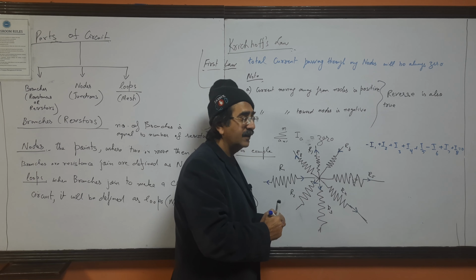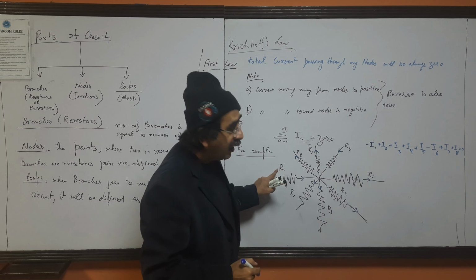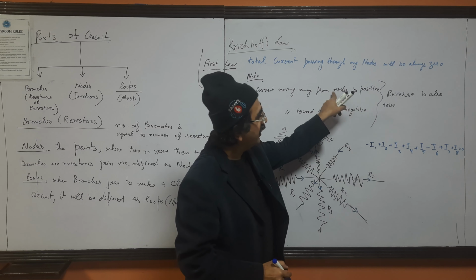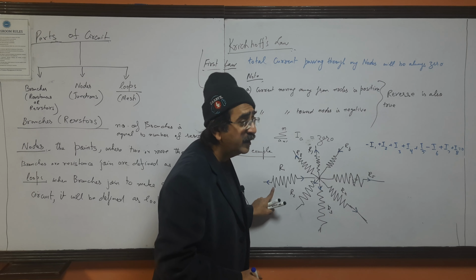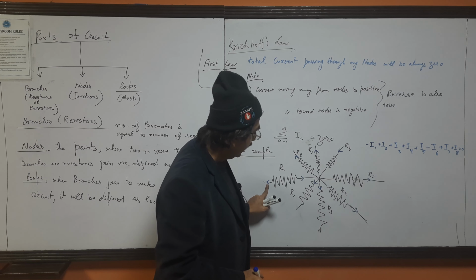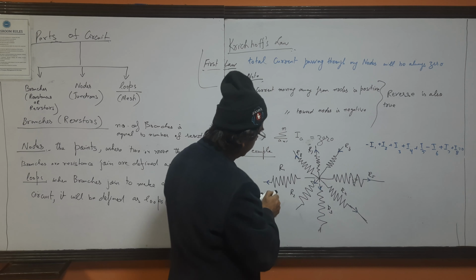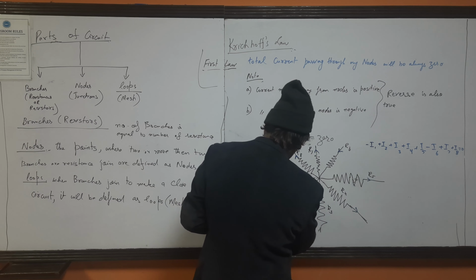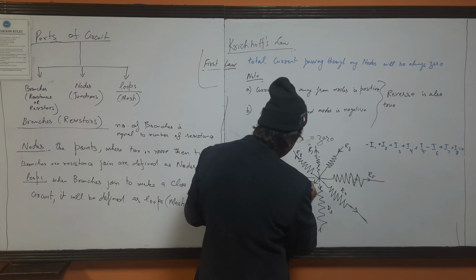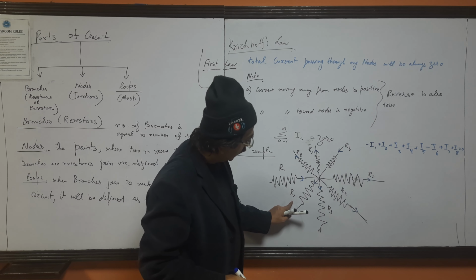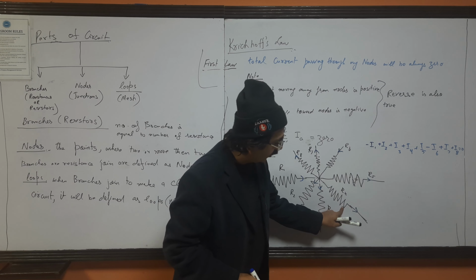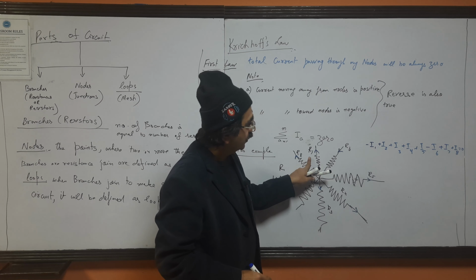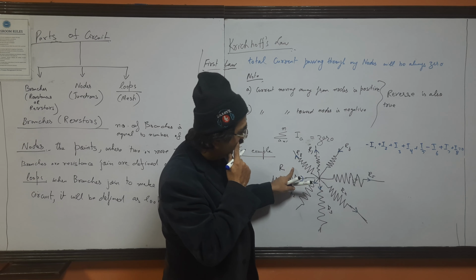R1 is outgoing. If I consider that away is negative and incoming is positive, then if we are considering R1 is inward, R1 is negative, R2 is positive, R3 positive, R4 positive, R5 positive, R6 is negative, R7 is positive, R8 is positive.